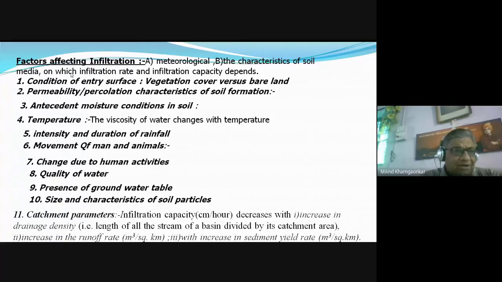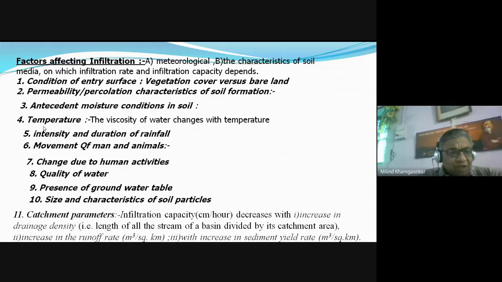There are various factors which affect the infiltration. Again, the ground surface, whether it is forest, vegetative cover or dry or bare, permeability characteristic of the soil, that is the geology, antecedent moisture condition, means before the rainfall occurs, whether the soil is moist, the atmospheric temperature, intensity and duration of rainfall, movement of man and animal.